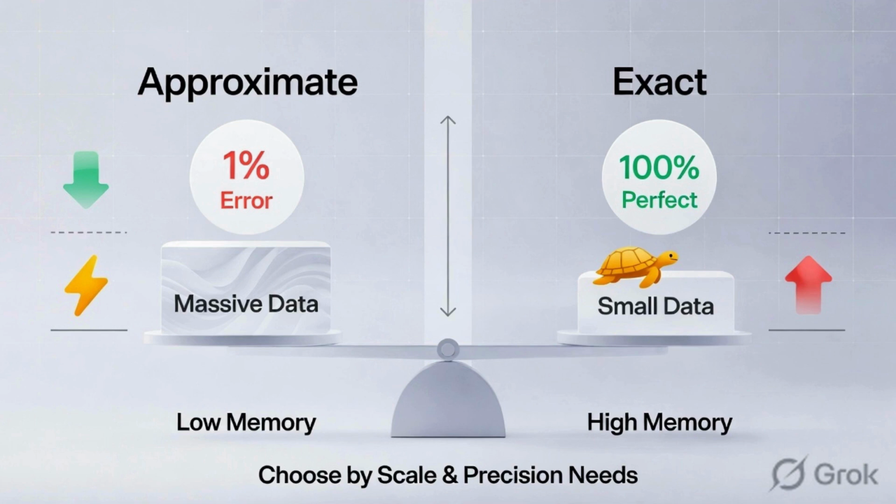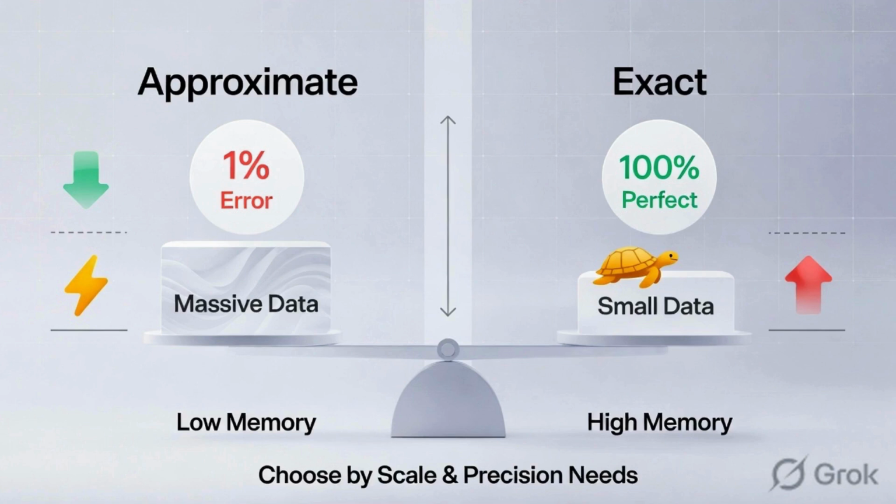On the right pan, exact: 100% perfect badge for zero error, small data icon because it only works on limited volume, slow turtle crawling, and tall high memory bar. Precise, but it crumbles when cardinality or volume explodes.